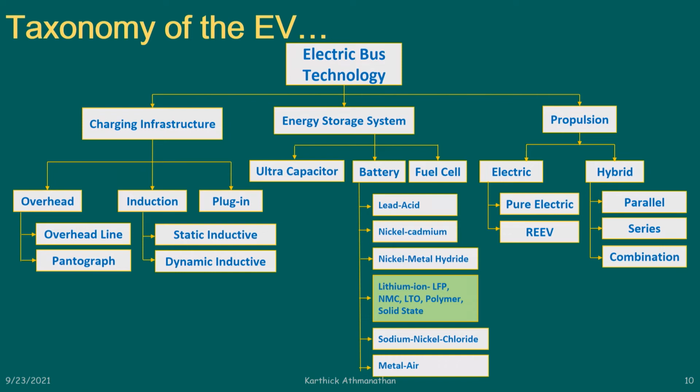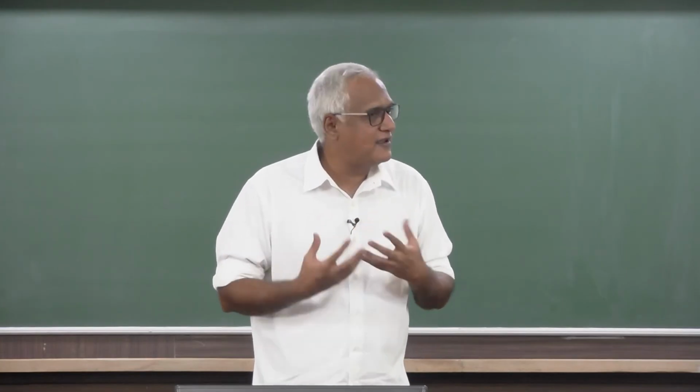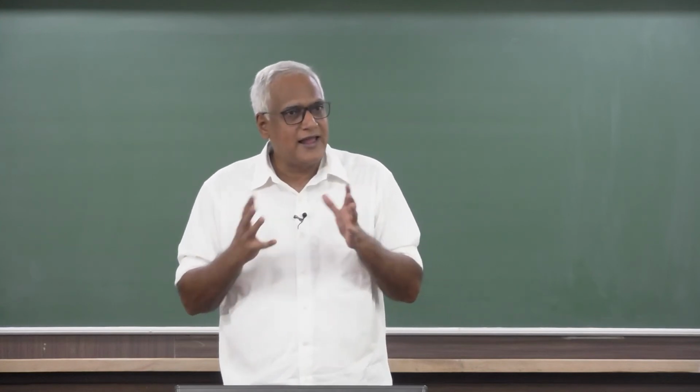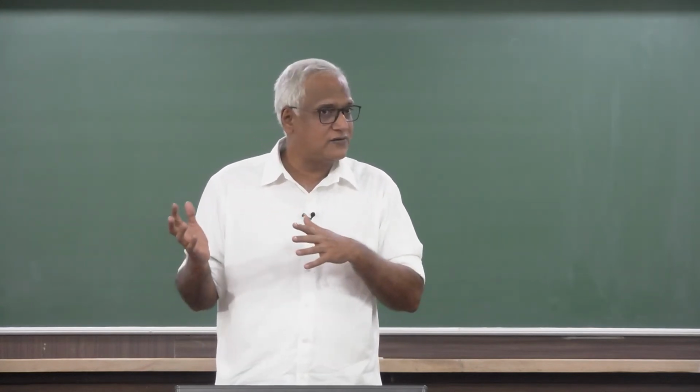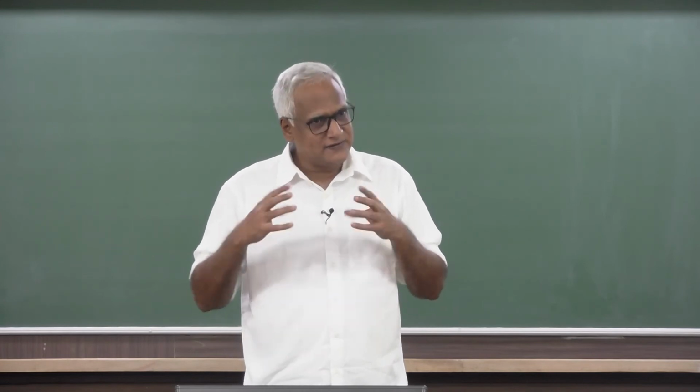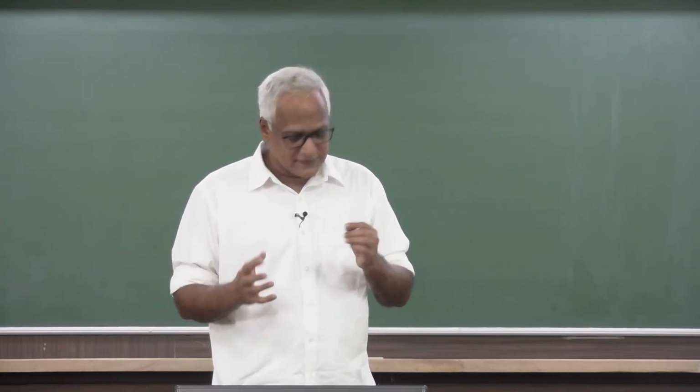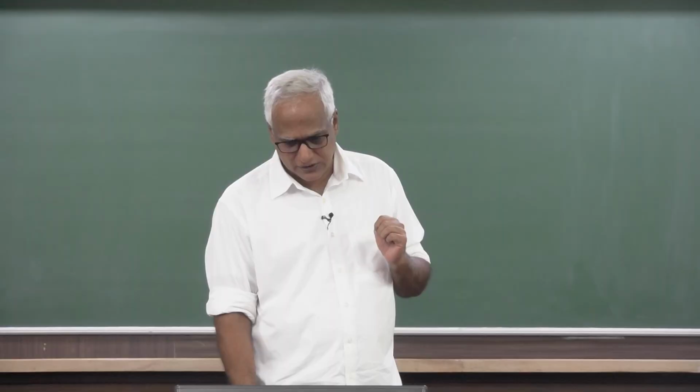Hybrids, parallel hybrids, series hybrids and combinations, not of much interest today because battery prices have come down. Hybrids are slowly becoming less favored because they are no longer a nice interim transition solution. It is still there, it is still useful in its own way in certain segments, but not across areas.